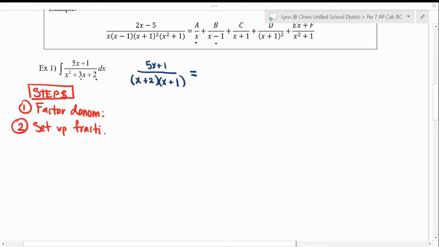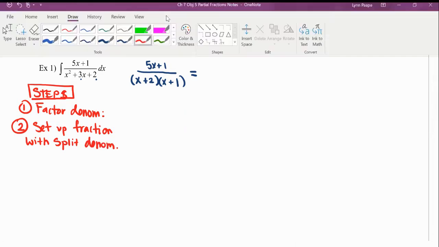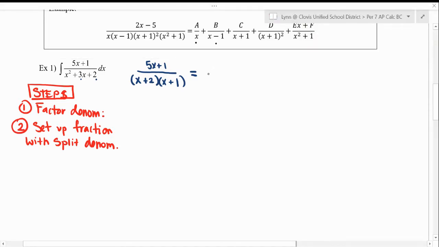So you're going to factor the denominator, and then you're going to show your setup of your fraction with split denominator, meaning we're splitting the denominator up. Okay. So what we have here is I know that one of my original denominators had to be x plus 2, and that was being added to a denominator of x plus 1, right? Because I have factors of x plus 2 and factors of x plus 1.